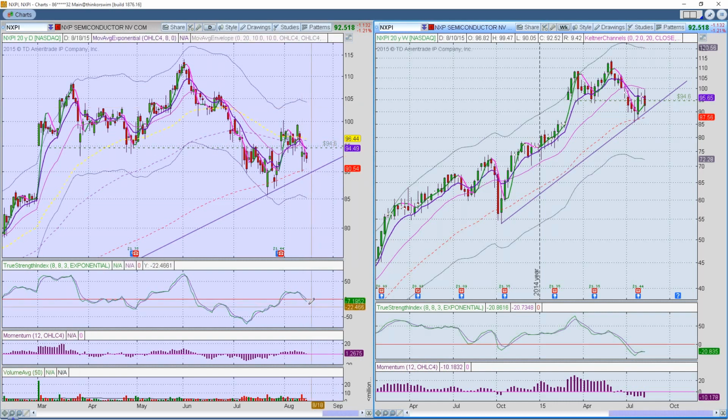So let's see what transpires. Ideally, if I just go off the TSI, it's a little bit early. It looks like it may want to fall back down a little bit, but it may set up a nice positive divergence for a potential pop-up.